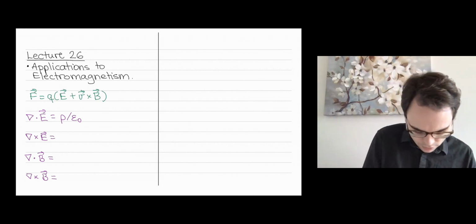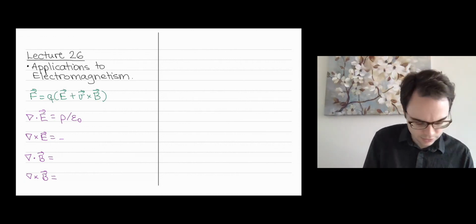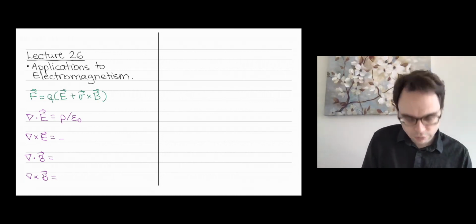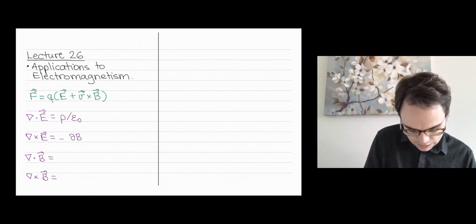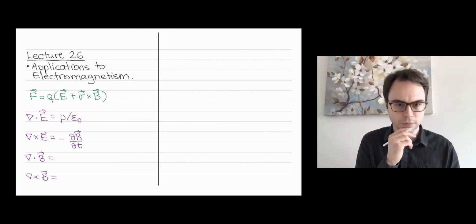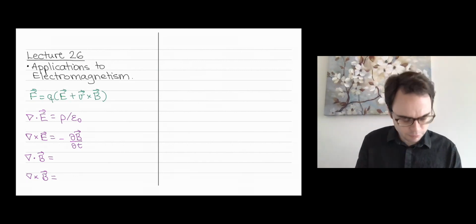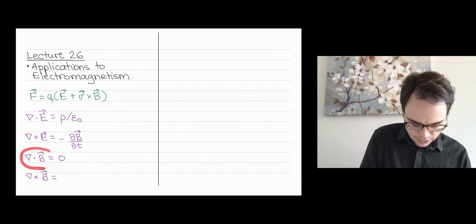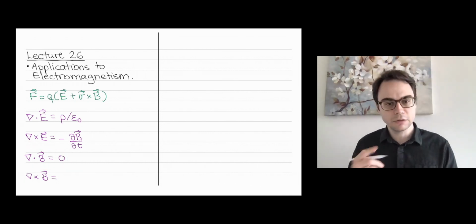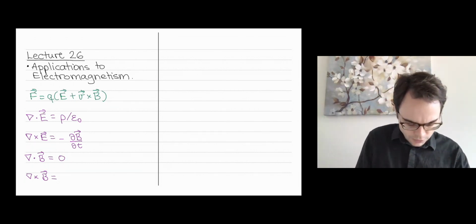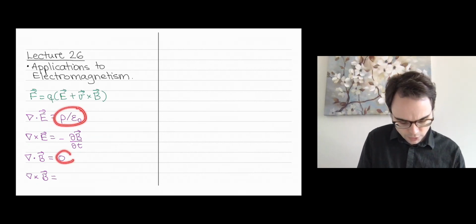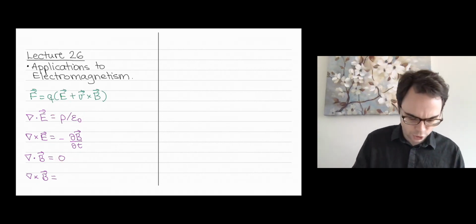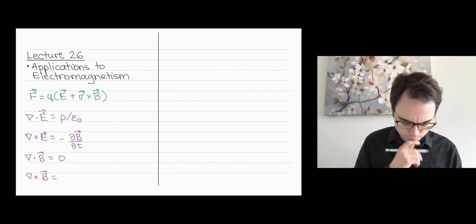The second of Maxwell's equations tells us that the curl of the electric field is minus dB/dt, minus the time rate of change of the magnetic field. The third tells us that the divergence of the magnetic field is always 0. This is because there are no magnetic charges in the world. There are only electric charges.